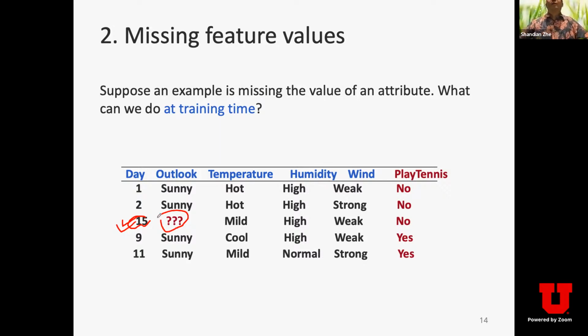Okay, yeah, that's a nice idea as well. Let me summarize your idea. Let us first build a decision tree on the data set, which consists of all complete examples. Now the problem is that if you have this attribute missing, how do you make a prediction?